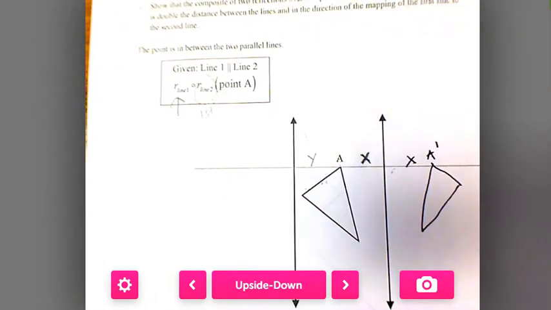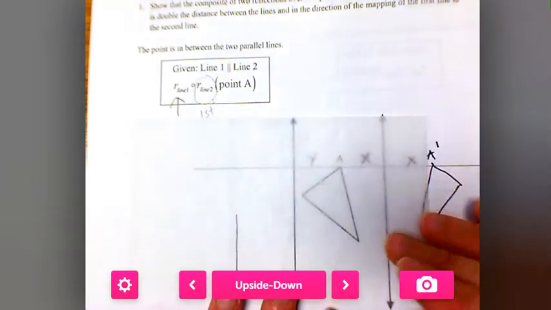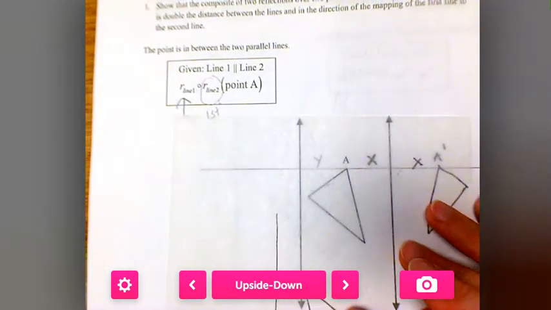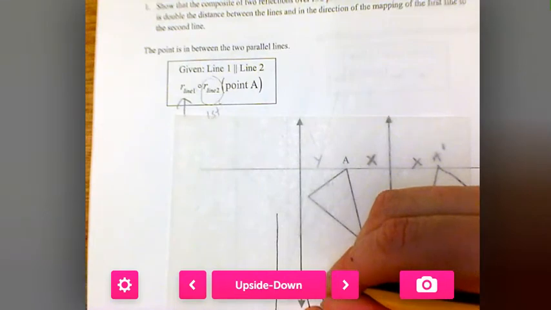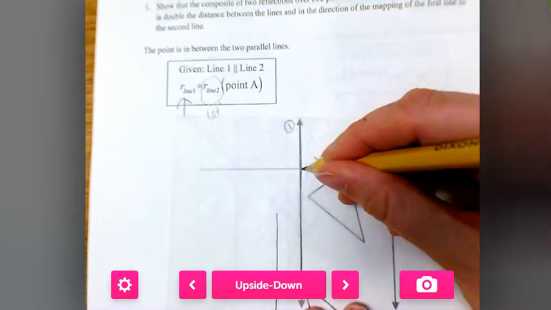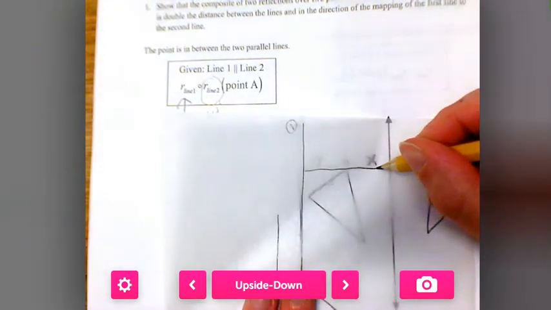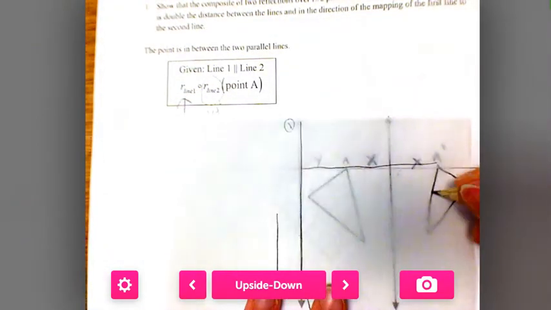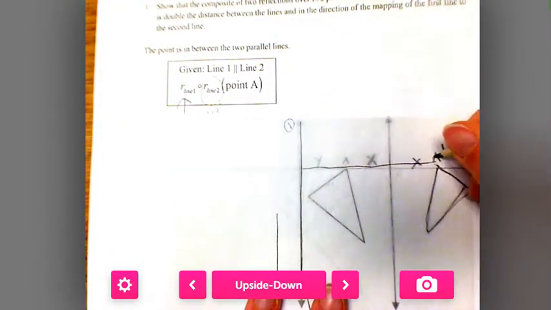So we've got all this information here. We're going to trace everything, including that line. Here is line 1. I like to label it so I remember where I'm going. I'm going to trace this whole thing all the way down. I've got my triangle here at the end.